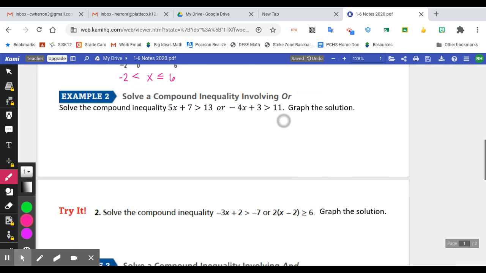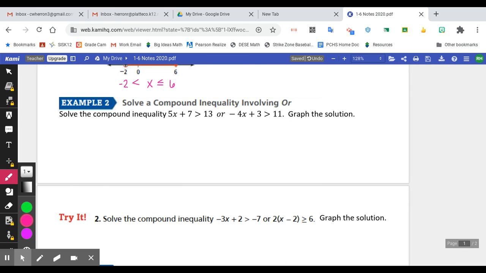Okay? Now, solving compound inequalities with the or means that you have two separate problems to solve. One that shows you what it should be going this way, and one that shows you what it should be going this way, greater than and less than. So I'm going to solve like normal. Subtract 7. We have 5x is greater than 6.